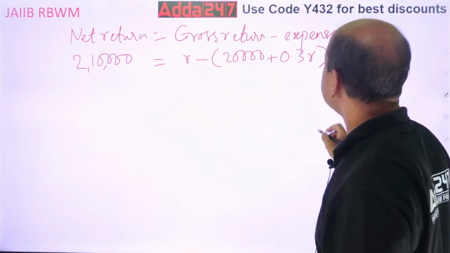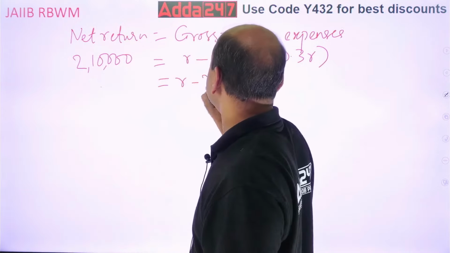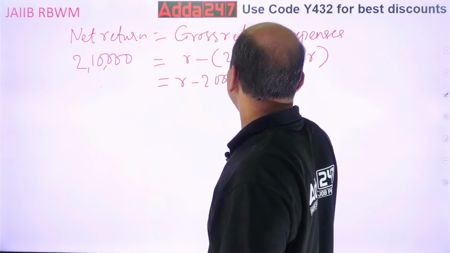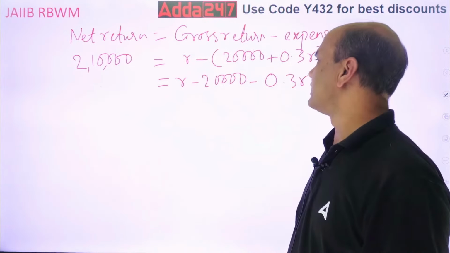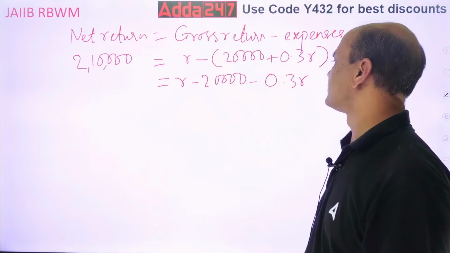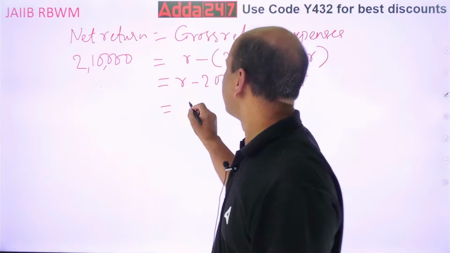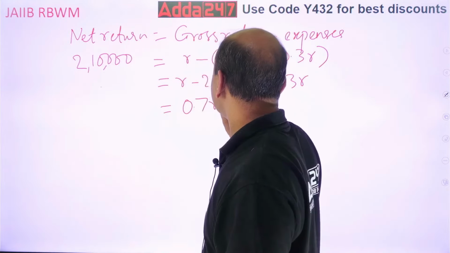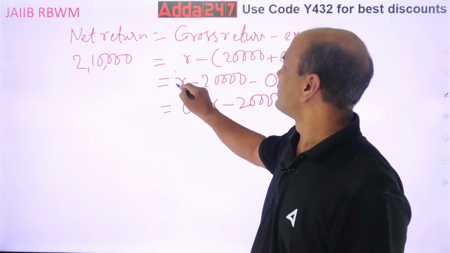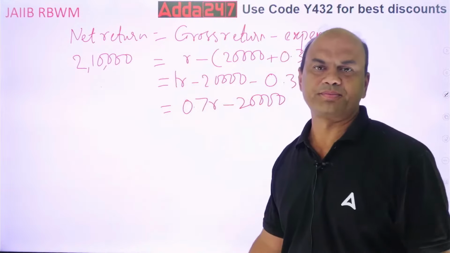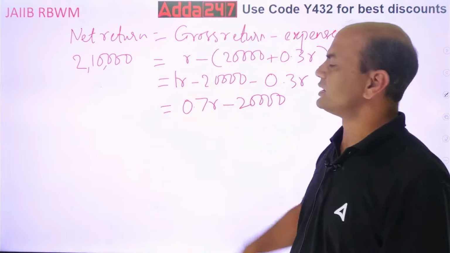It is R minus 20,000 minus 0.3 R. R minus 0.3 R is 0.7 R, so that is equal to 0.7 R minus 20,000.